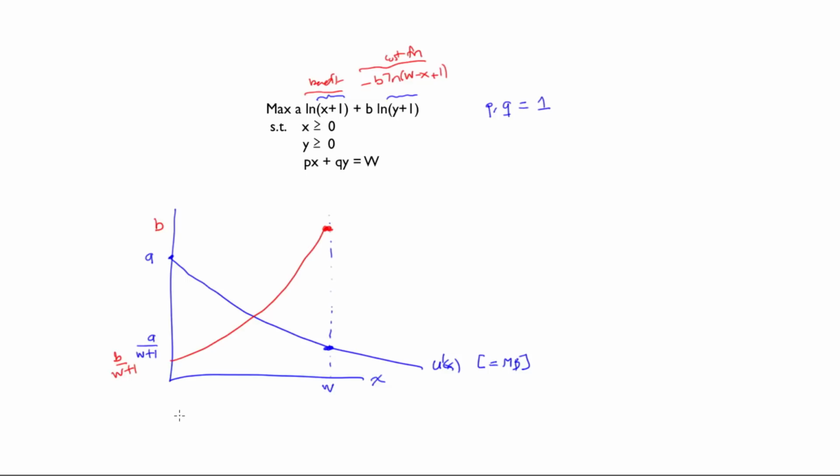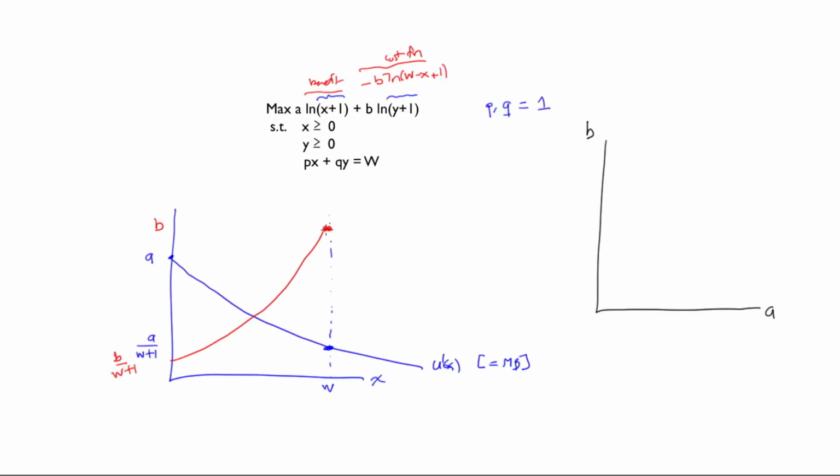So let's think our way through which combinations of parameters a and b we're going to see corner solutions or interior solutions. Let's think first, what does it take to have a corner solution in which everything is spent in x? That is the case, as we saw before, in which this curve is always above the marginal cost curve.